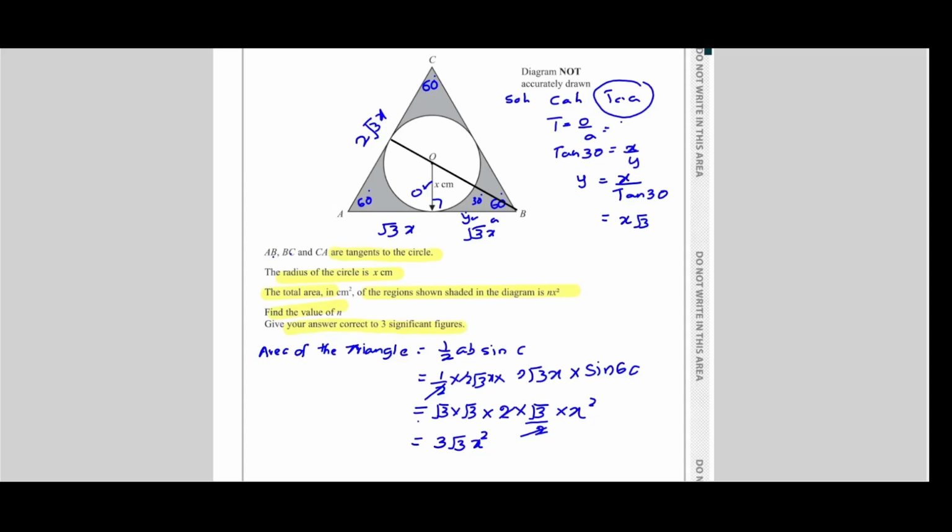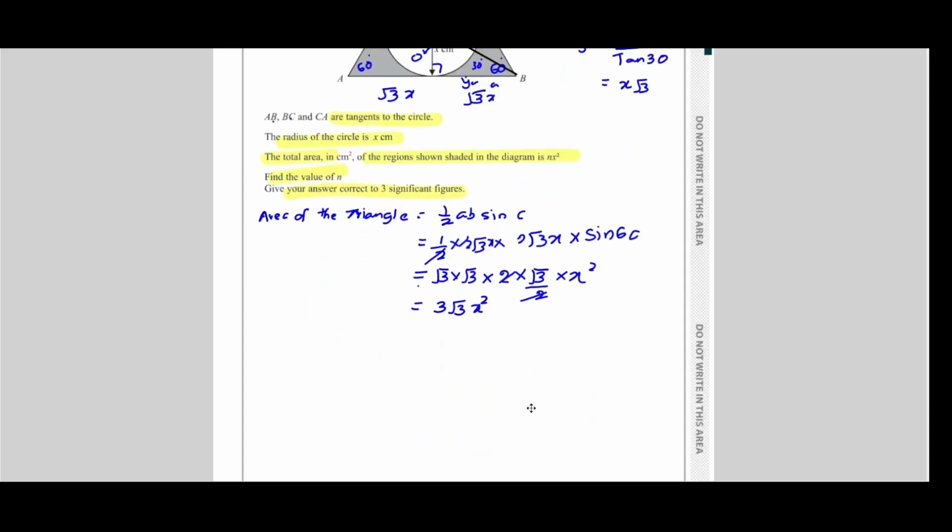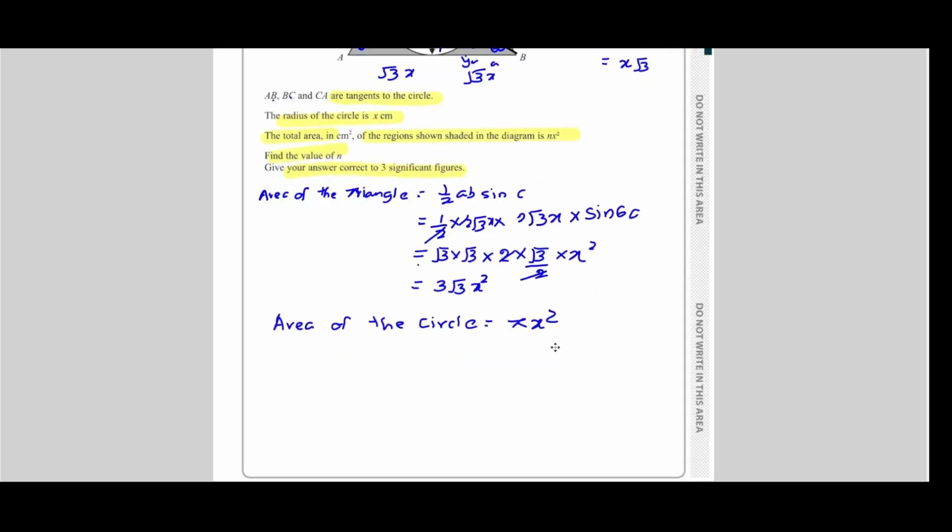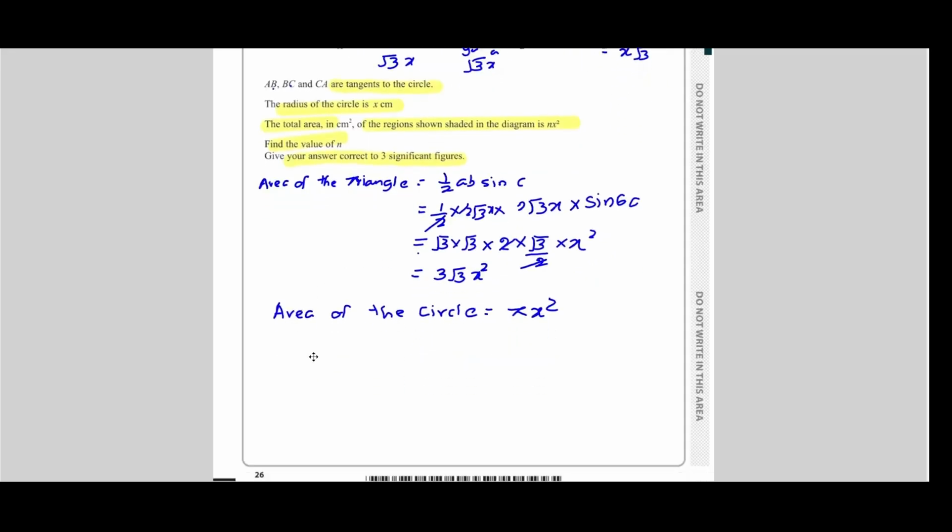Now let's get the area of the circle. Pi x squared, because the radius is x. Now we've been given that the shaded area is nx squared.